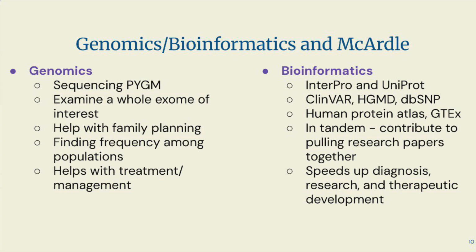Then there's also a lot of bioinformatics sites that can give us a lot of information and a lot of relevancy to McArdle. InterPro and UniProt can help model how specific mutations in PYGM can disrupt enzyme activity. Sites like ClinVar, HGMD, and dbSNP can help differentiate disease-causing mutations from harmless ones. And then sites like the Human Protein Atlas and GTEx can show where PYGM is most expressed in our bodies, being human skeletal muscle.